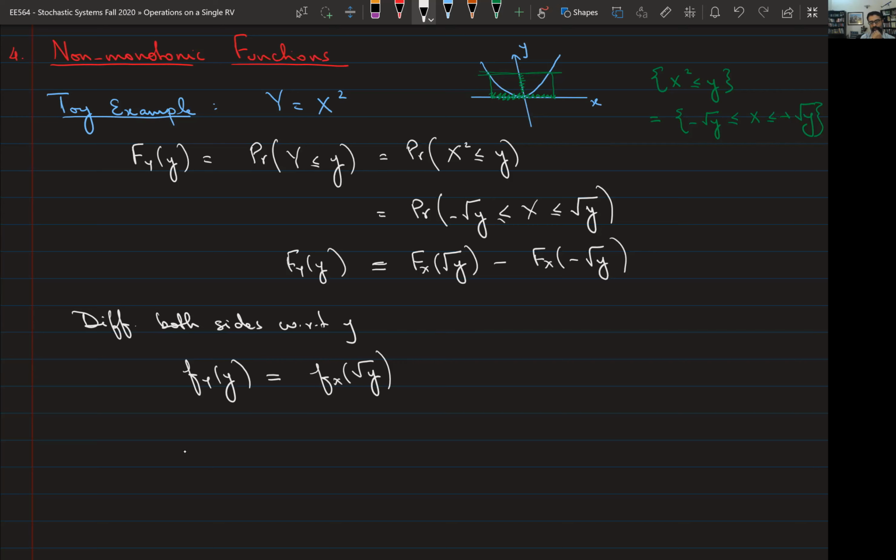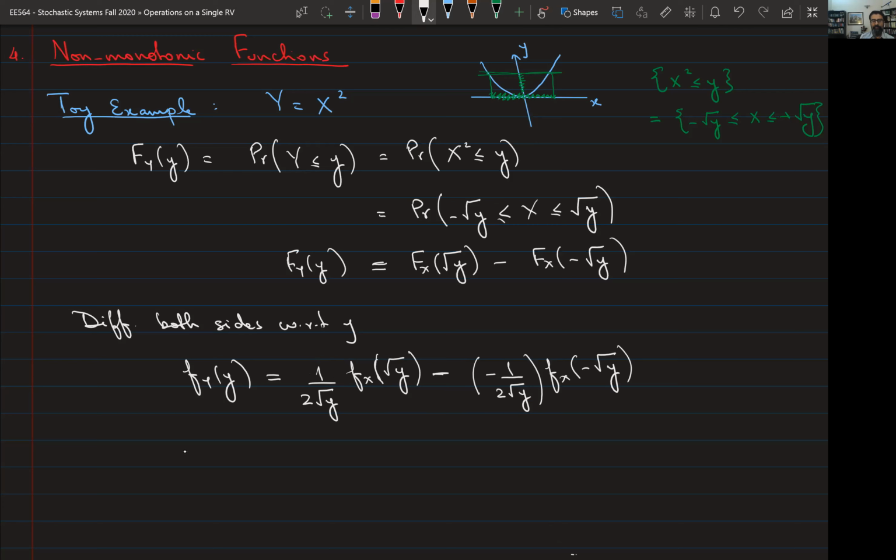Okay, what is the derivative of root y? 1 over square root 2y. 1 over 2 times root y. Right, so this is f_X evaluated at root y. And then there's a minus sign here, and then this is minus 1 upon 2 root y times f_X evaluated at minus root y.